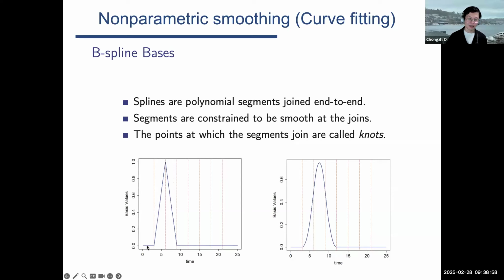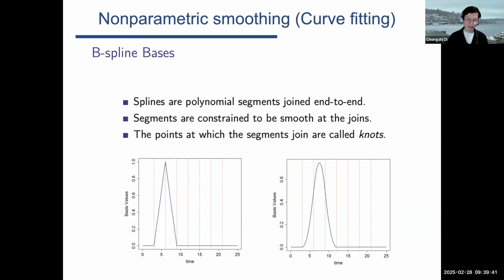Another basis could start from zero here, jump up, go down and become zero again. The left-hand side is not very smooth, and the right-hand side is a little smoother, as they are determined by the order of polynomials. The point I want you to take is that you divide your time into different intervals, and you design your basis functions to capture local features in a small region. You have this one, another one, and another one.